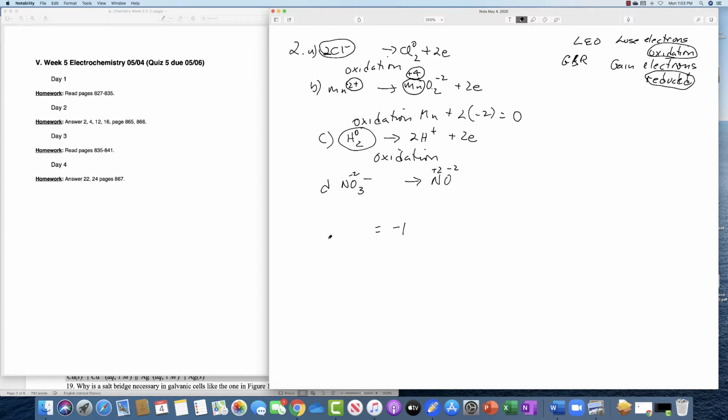So if we assume oxygen is -2, 3 times -2 is -6, and then whatever N is. So N - 6 is equal to -1, so this has to be +5. So this goes from +5 to +2. In order to do that, you have to gain 3 electrons. Since you're gaining 3 electrons, this is a reduction.